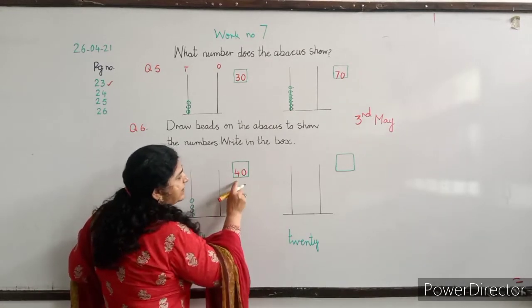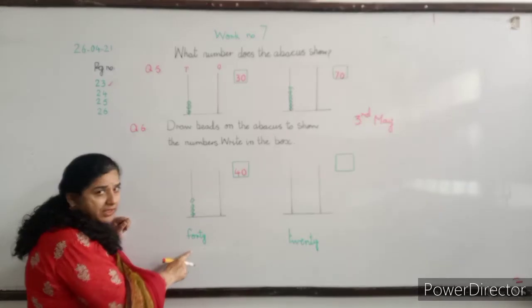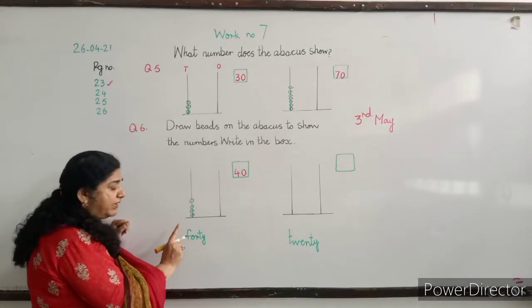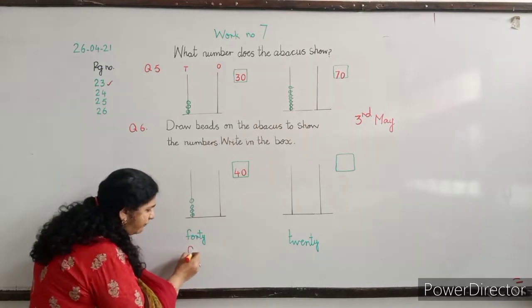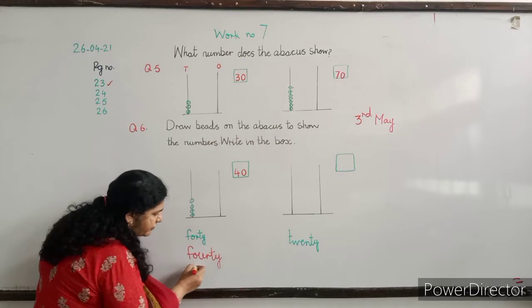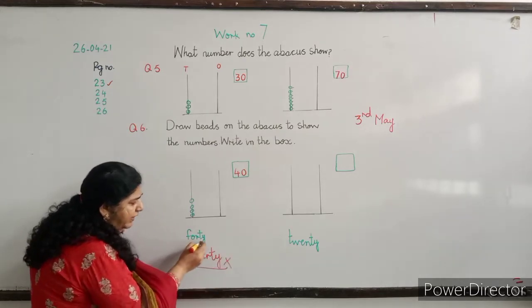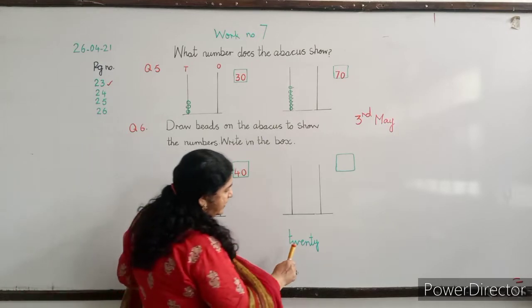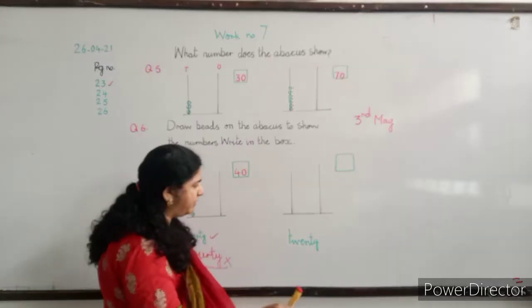So 4 tens and 0 ones is 40. F-O-R-T-Y, 40. Remember, we will not write F-O-U-R-T-Y. Right? This is wrong. F-O-R-T-Y, 40.